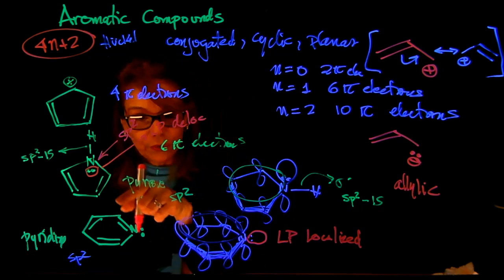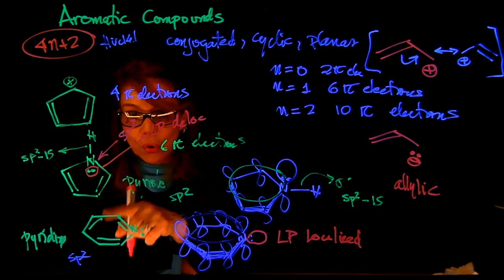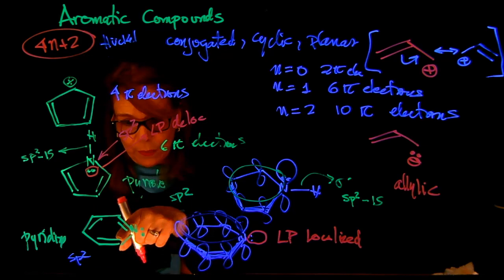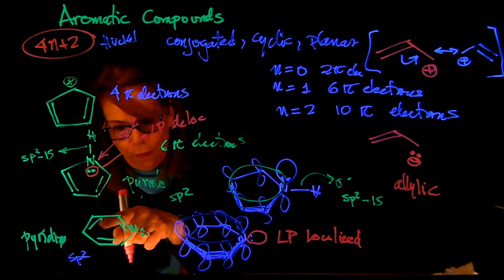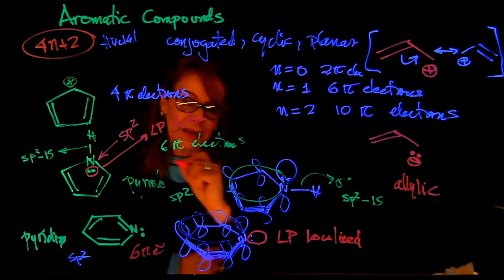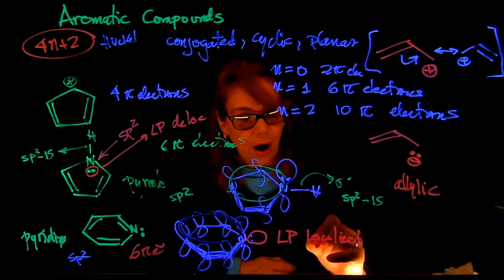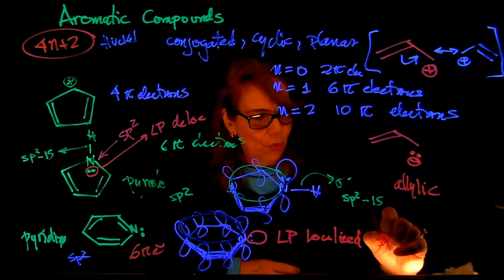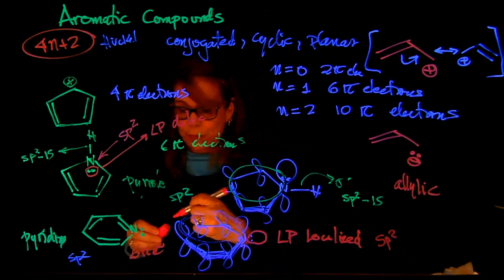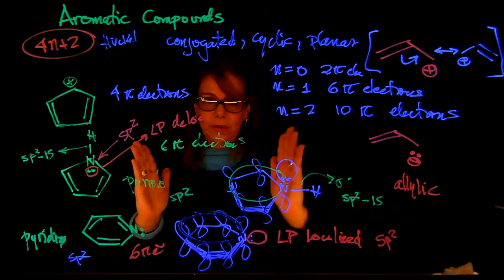When you are determining whether or not this is aromatic, you count only the electrons that are delocalized, part of that system. So you will count 2, 4, and 6. So this compound is aromatic, and you don't count the lone pair because it is localized. It is in an sp2 orbital that is perpendicular to where all the p orbitals are.